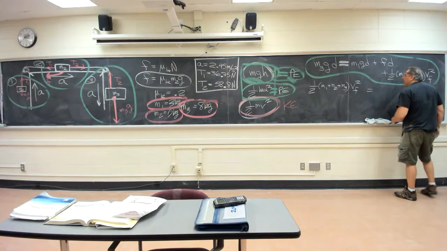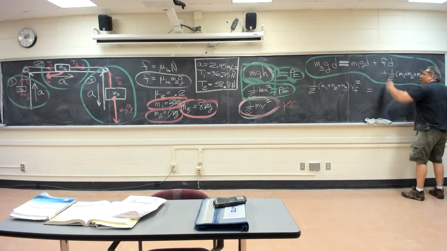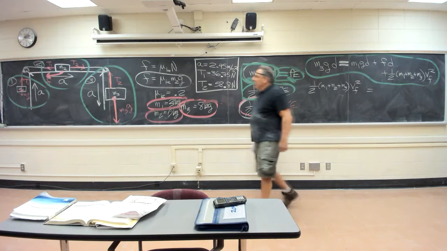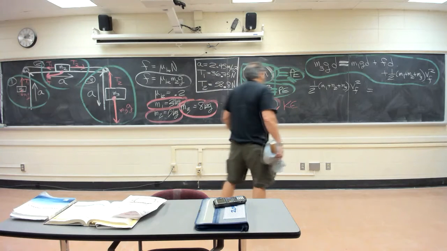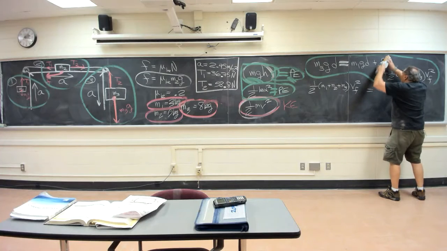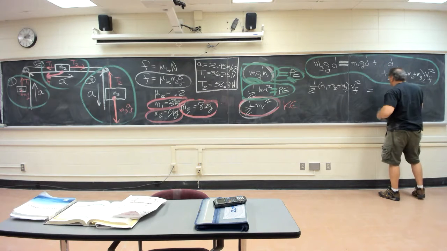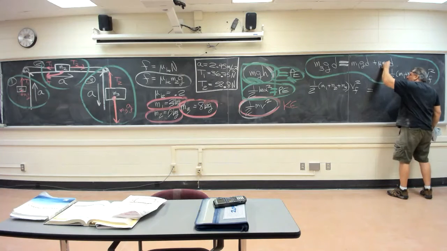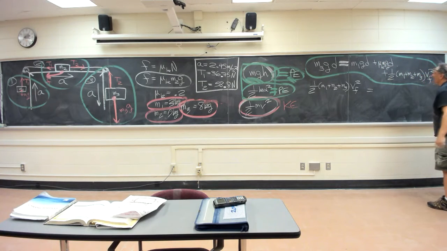Subtract all these, and what is F, you guys? F is mu sub k m2g, the force of friction. Mu sub k m2g.